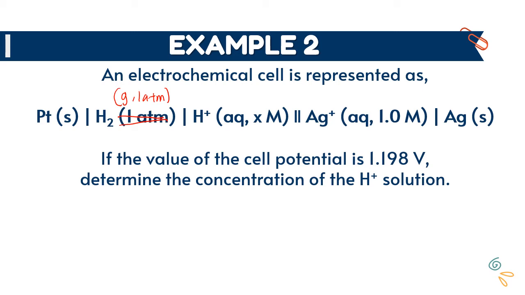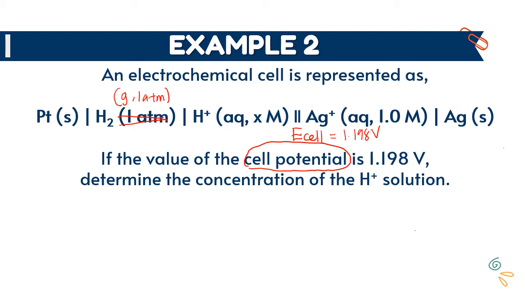If the value of the cell potential is 1.198, look carefully, this is cell potential, meaning this is E cell, not E naught cell. If it's E naught cell, it will say standard cell potential. This is just cell potential, so E cell equals 1.198 volt. Determine the concentration of the H plus solution.